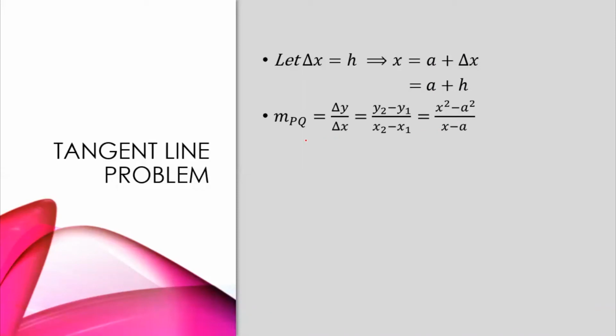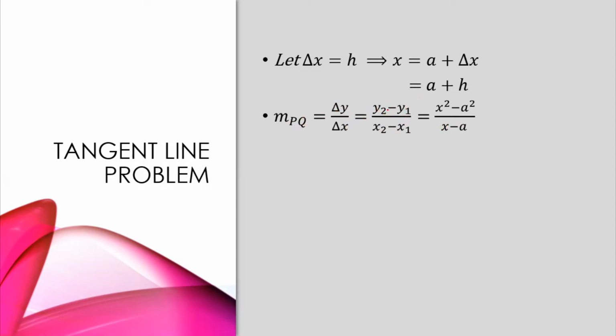Using the formula for the slope of the secant line, m sub PQ is equal to delta y over delta x. Now, delta y is the change of y, that is given by y sub 2 minus y sub 1 over x sub 2 minus x sub 1.